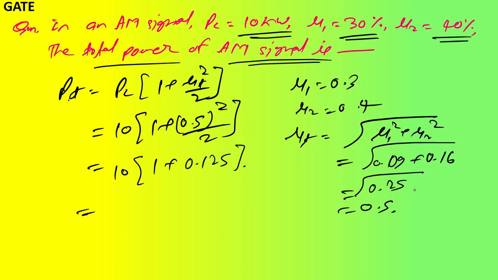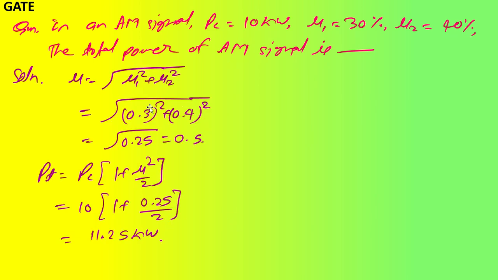So that is going to come up as 1.125 multiplied by 10, that is 11.25 kilowatt. So with these two simultaneous modulation indexes, 0.3 and 0.4, the total power in the amplitude modulation is 11.25 kilowatt. You can take a note of this.